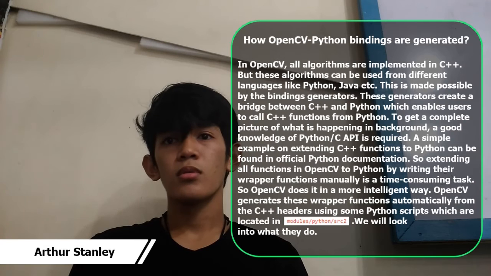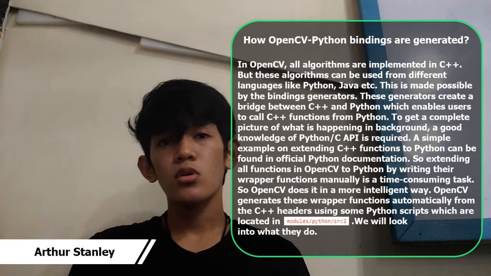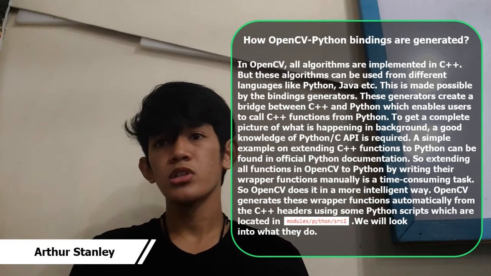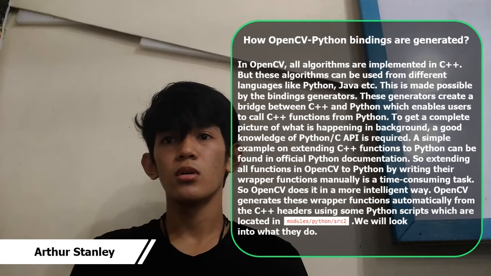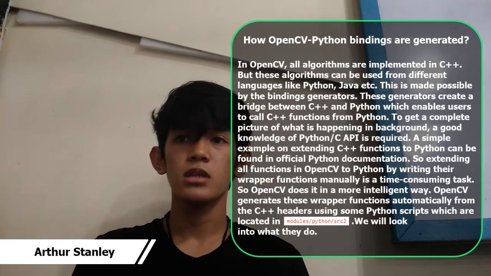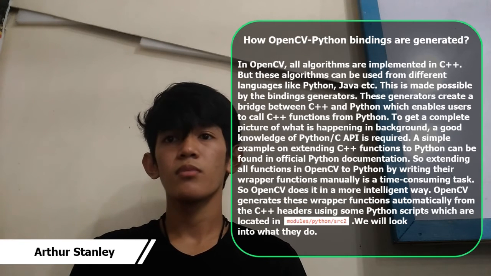Extending OpenCV to Python by writing the wrapper functions manually is a time-consuming task, so OpenCV does it in a more intelligent way. OpenCV generates these wrapper functions automatically from the C++ headers using some Python scripts which are located in modules/python/src2.